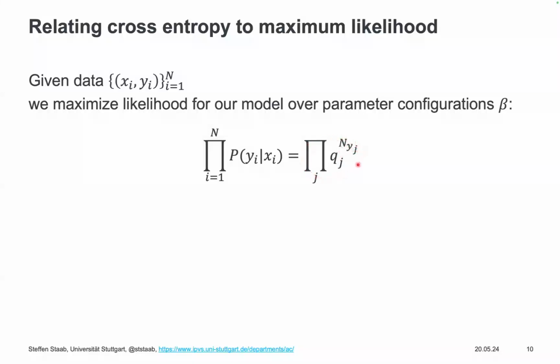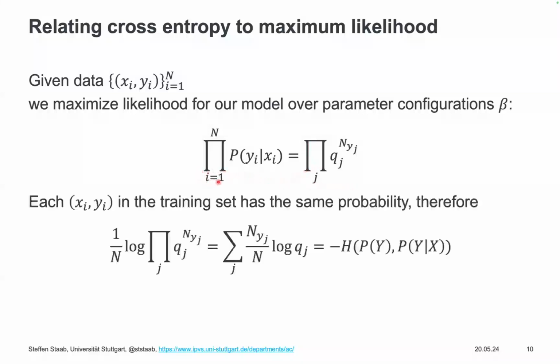And so this gives me an overall product for each class, a different probability, to the power of how often this class arises, and I multiply this for all the different classes, and not any longer for all the different data points. So when I do this, I can optimize this likelihood by optimizing this term where I counted the class occurrences.